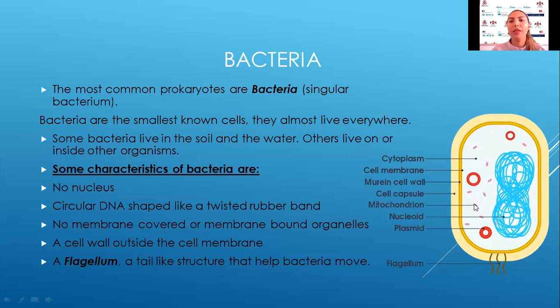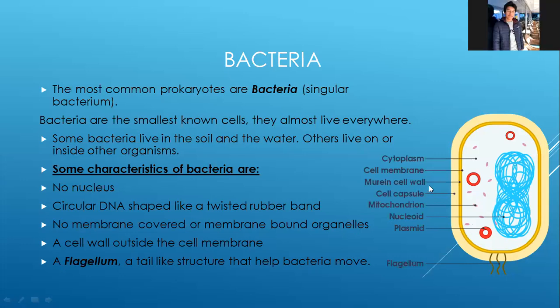You can see here that we have ribosomes too, and these organelles are solid. Because they are solid, there is no need for a membrane to cover these organelles. For this reason, there are no membrane-bound organelles. Okay, and cell wall.